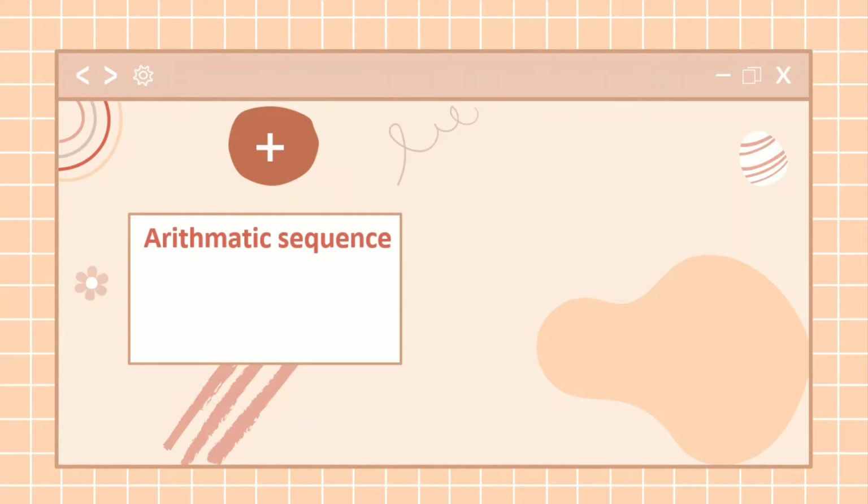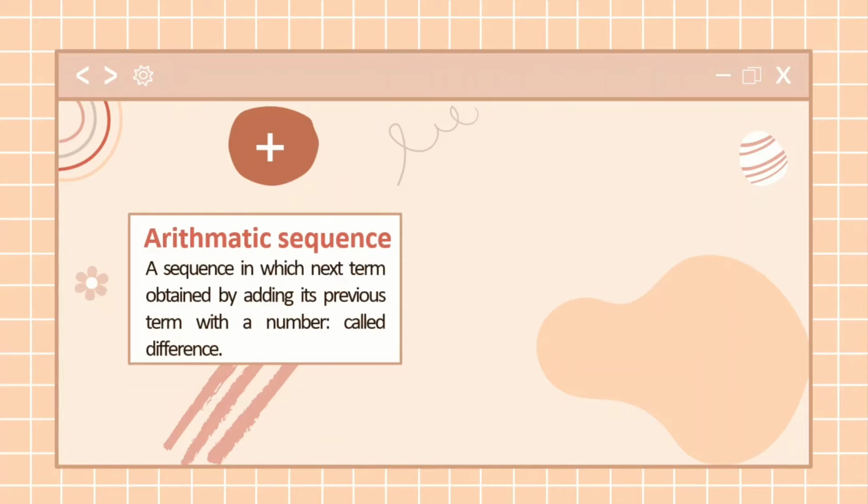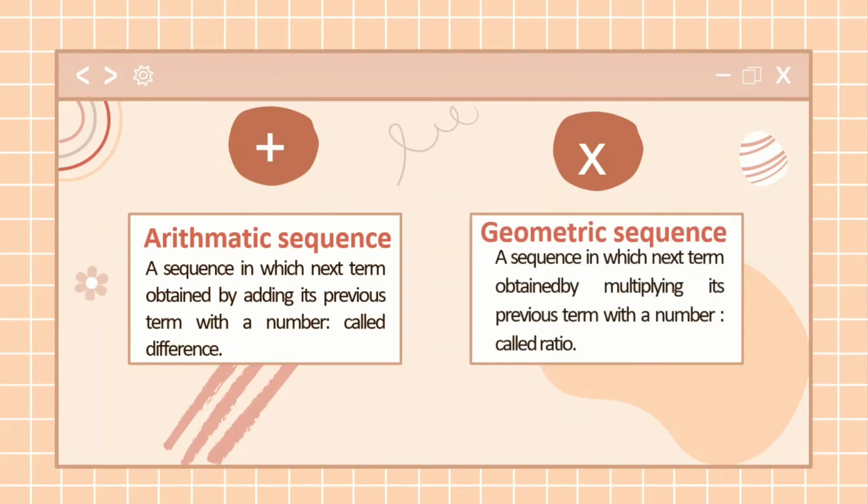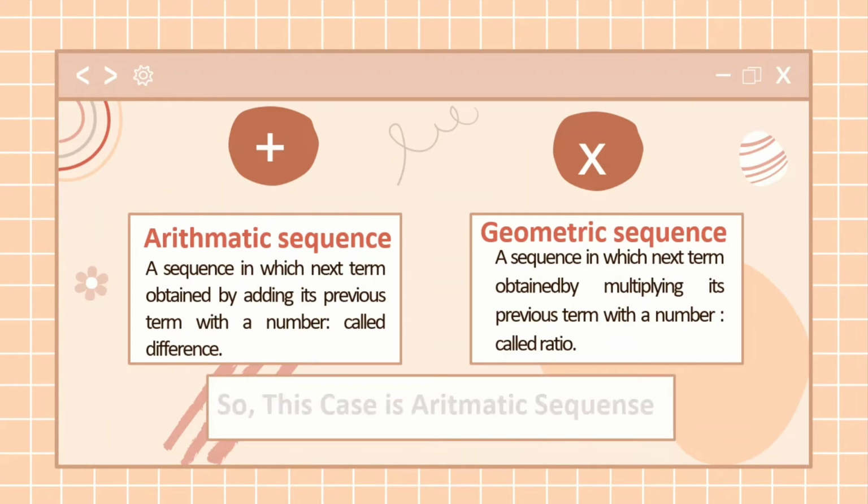Arithmetic sequence is a sequence in which the next term is obtained by adding its previous term with a number called difference. Geometric sequence is a sequence in which the next term is obtained by multiplying its previous term with a number called ratio. This case is an arithmetic sequence, because we are adding 5,000.